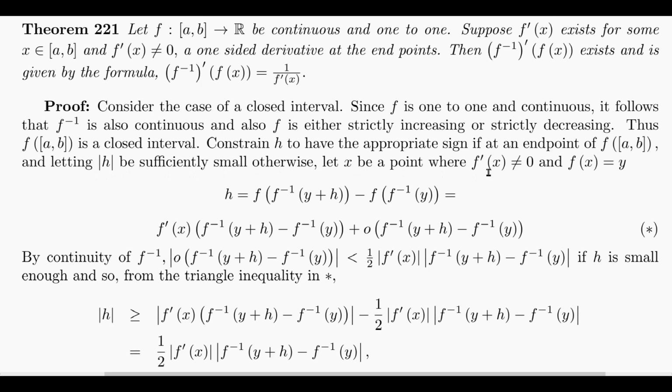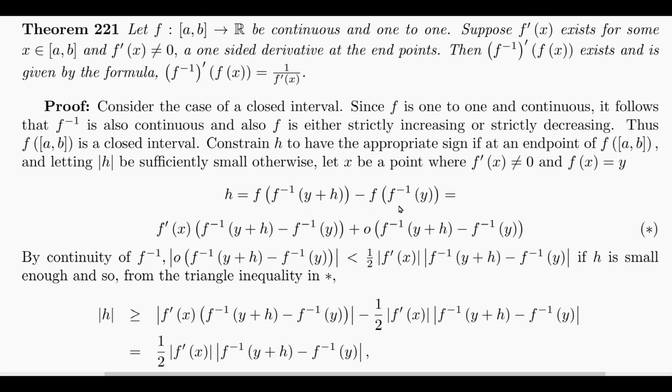Okay, so we'll be at a point where f prime of x is not 0 and f of x equals y. Then from the definition of inverse function, h is equal to this minus this, because when you look at this, it just gives you y plus h. When you look at this, it just gives you y. So yes, that's equal to h.